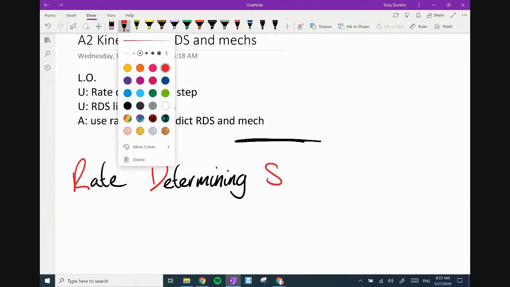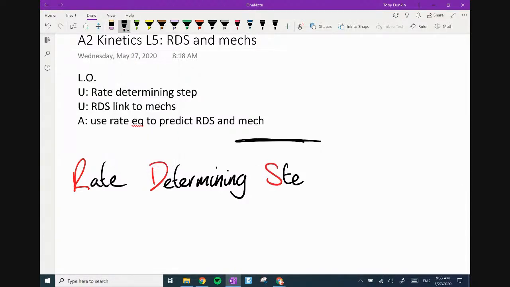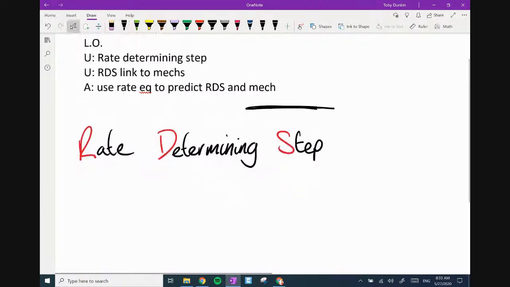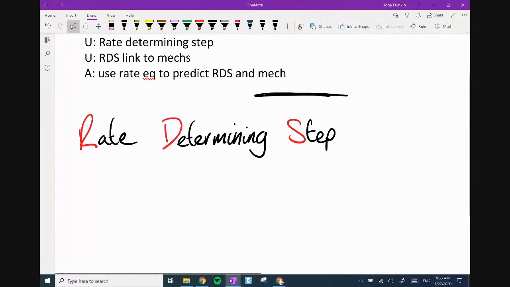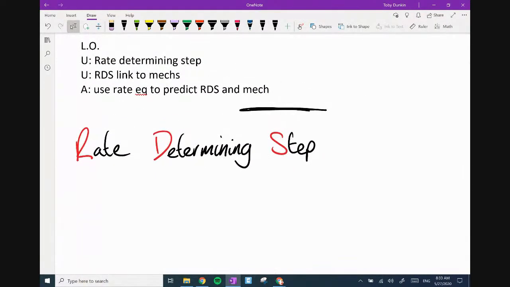RDS. You will see this short form for rate determining step mentioned quite a lot. Most websites will use just RDS primarily in all of their notes, so it's important that I emphasize that it often gets shortened.